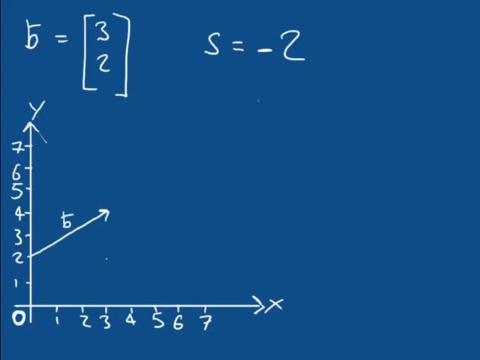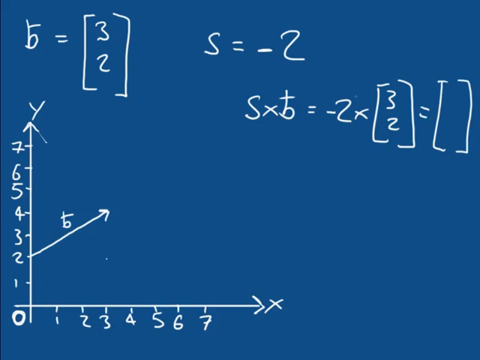Now I'm interested in finding what s times b is, which we know is equal to -2 times (3, 2), which is, that scalar value -2 times 3 is -6 for our first component, and -2 times 2 is -4 for our second component.